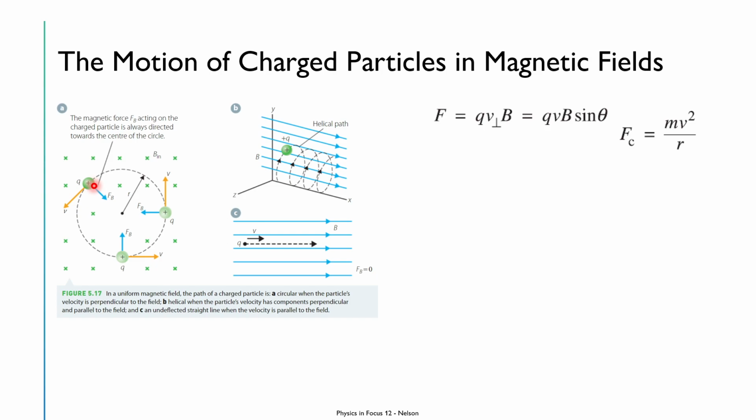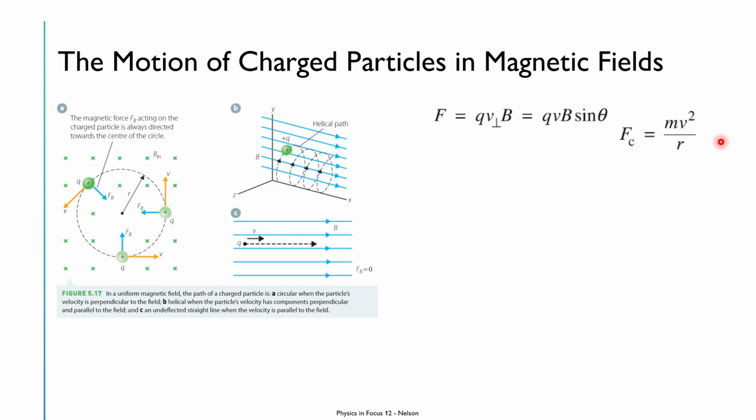And what this results in is the force vector always pointing in towards this central point of a circular arc. Effectively, what this means is that the force caused by the magnetic field on this charged particle acts as a centripetal force, which then gives uniform circular motion. Again, something that we will dig in a little bit deeper on in class and unpack with some practice problems.